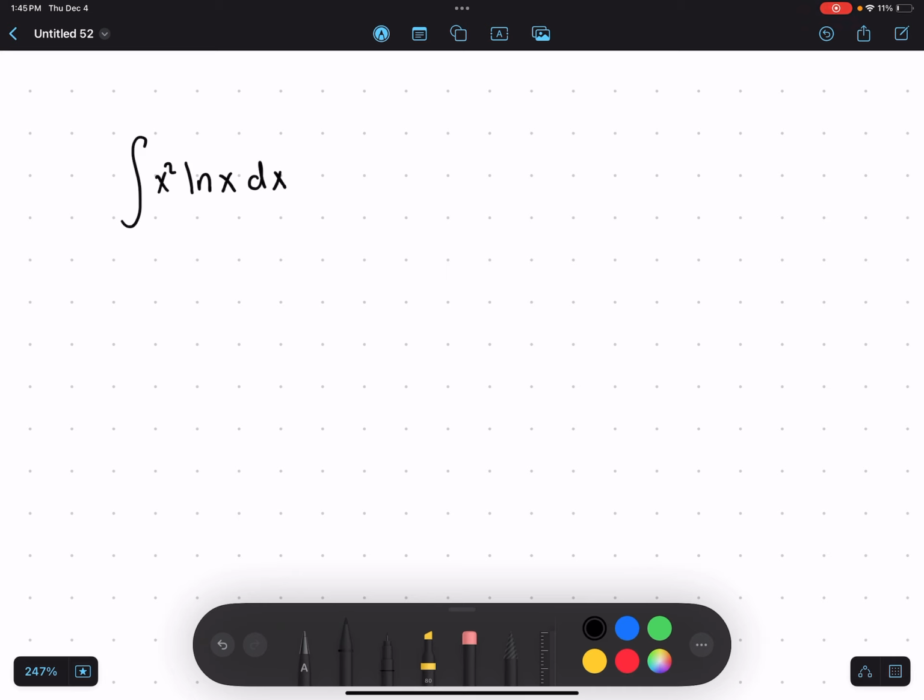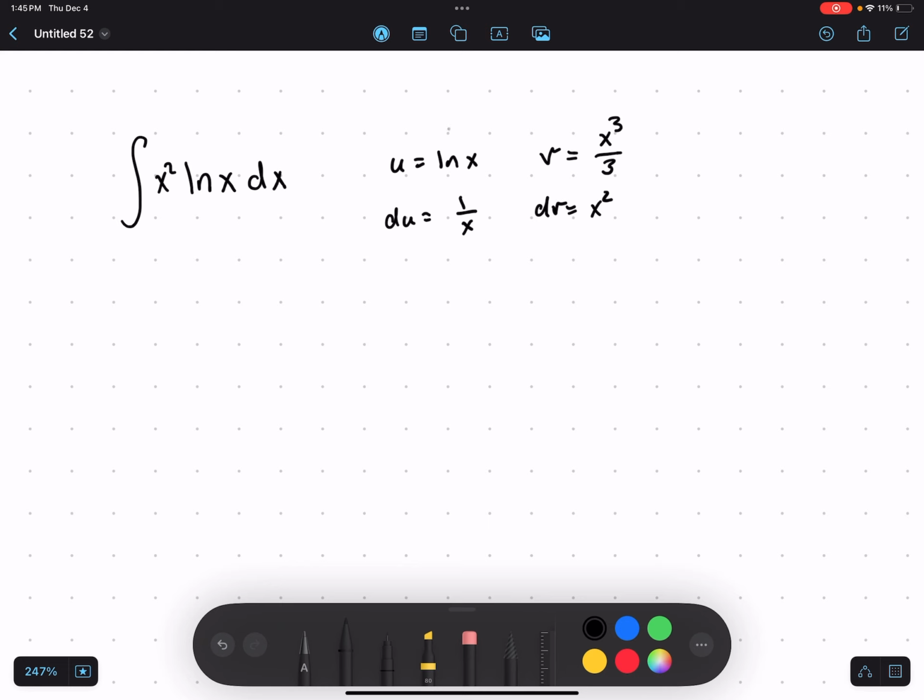It's actually necessary to integrate a natural log through another integration by parts. So if you let u equal ln x, du, we easily know how to differentiate that as 1 over x. We'll let our dv equal x squared, therefore our v is x cubed over 3, simply integrating that.